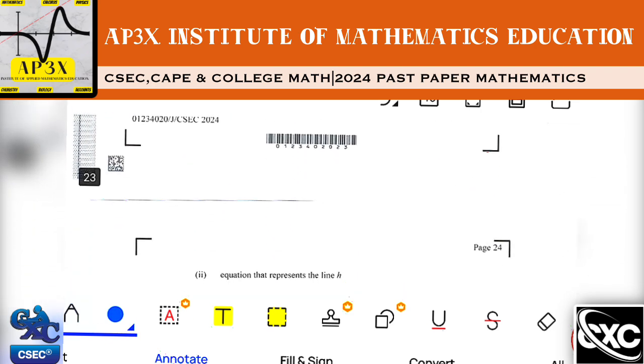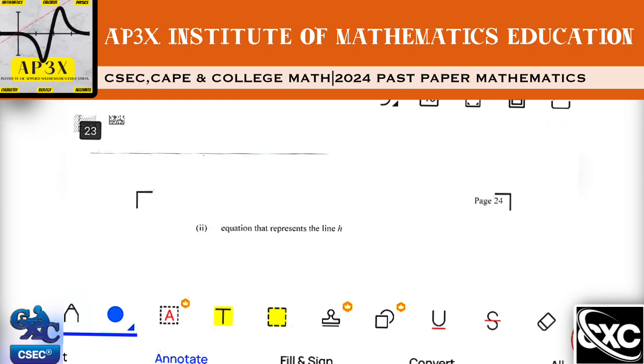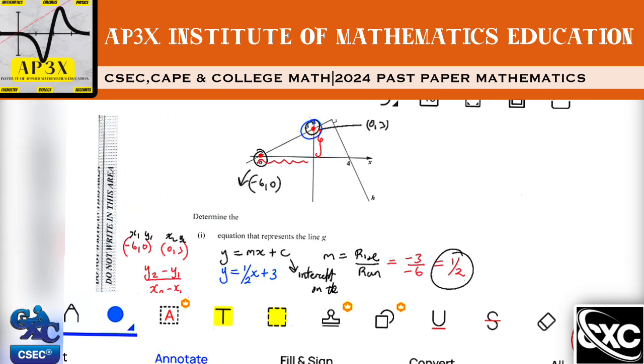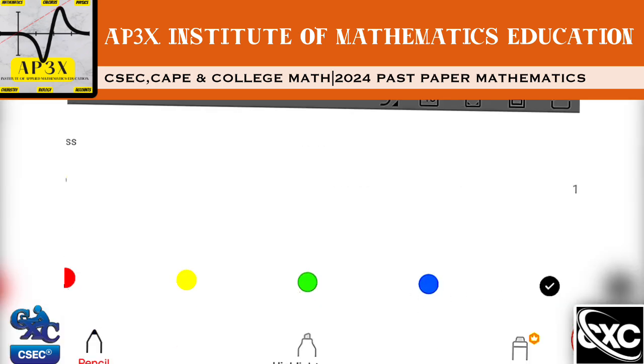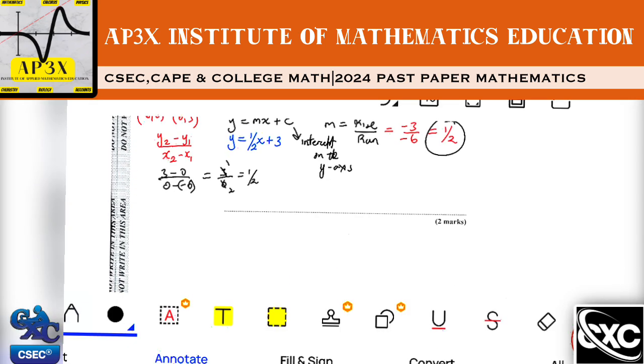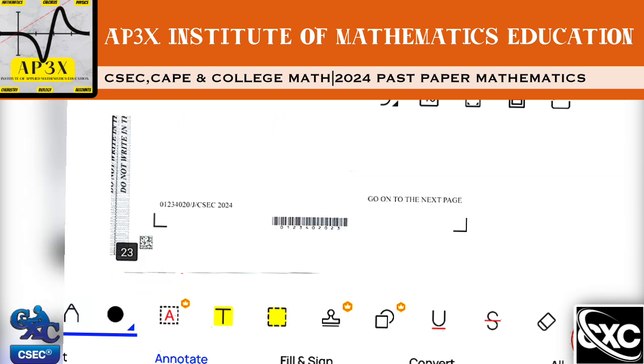All right, now let's move on then to looking at the equation of H. Now they did say something up here, and they said that the lines G and H are perpendicular, and as you can see, I've underlined the word perpendicular because now to find the equation then of, say here, the line H, we know that if two lines are perpendicular, let's just write that down.